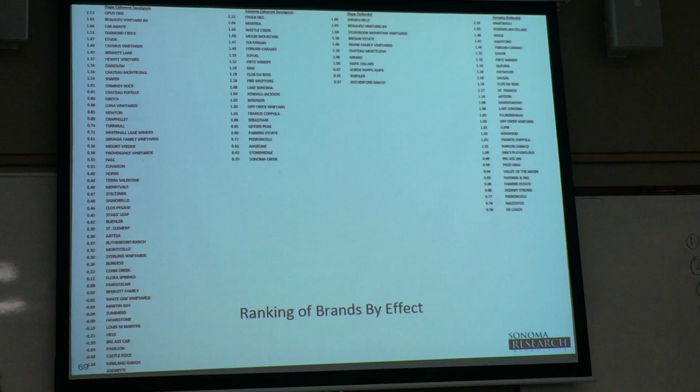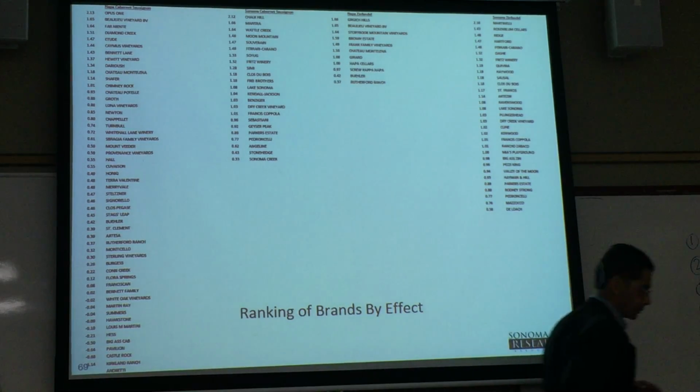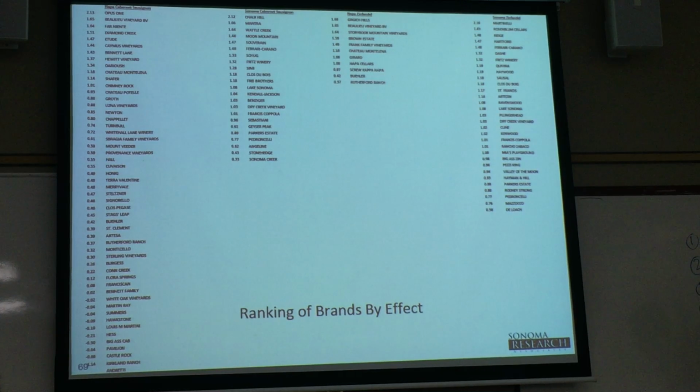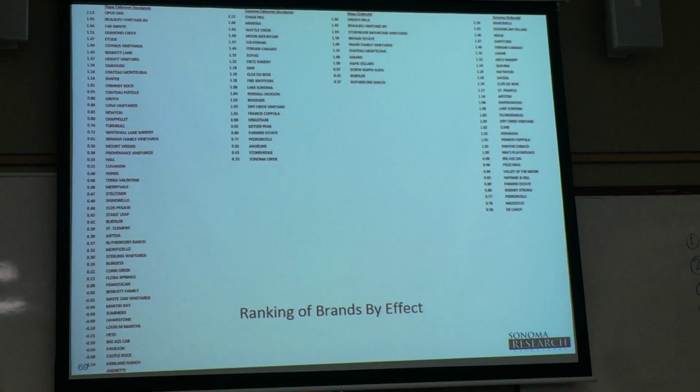In Sonoma, Chalk Hill, I like Chalk Hill, I like Dry Creek, I like all that area. For Napa Zins, Gurgich Hills, BV again. For Sonoma Zin, Martinelli, Rosenblum is a big name in Zins. That's all they do, right?